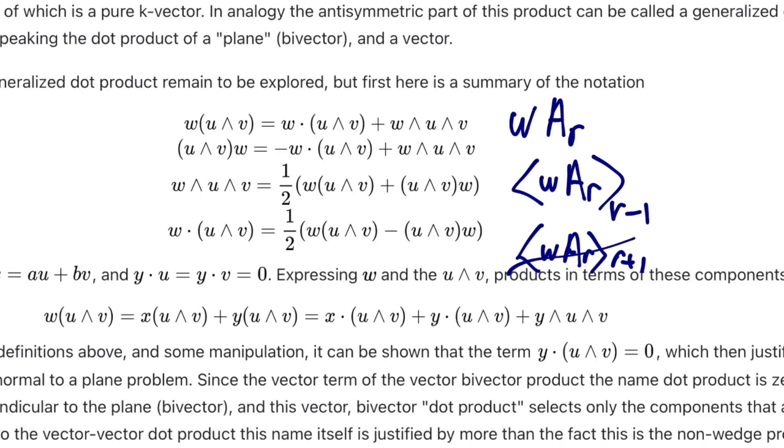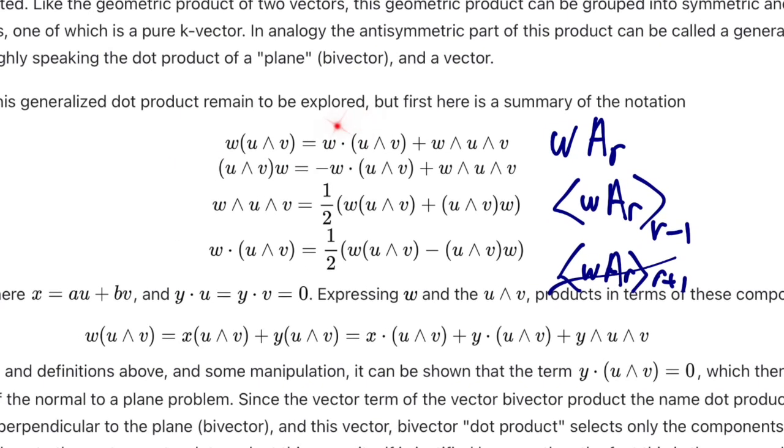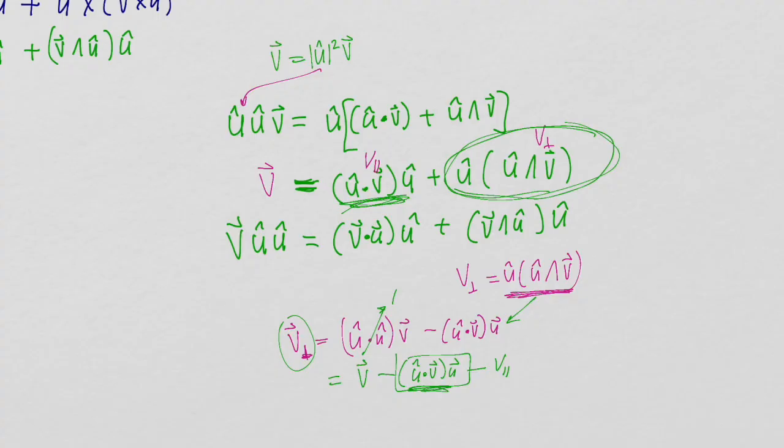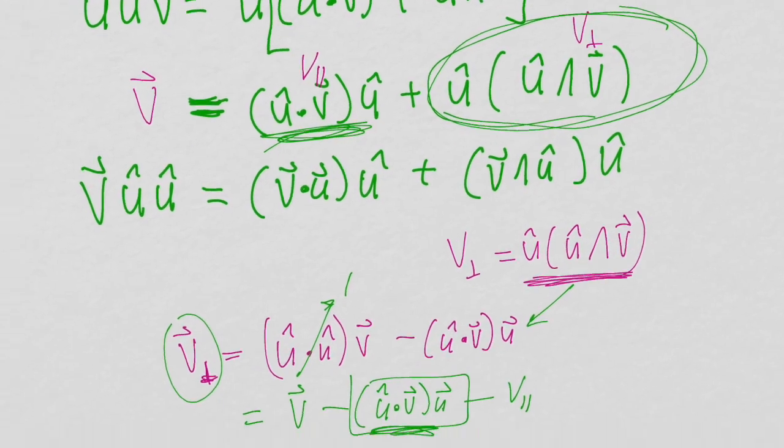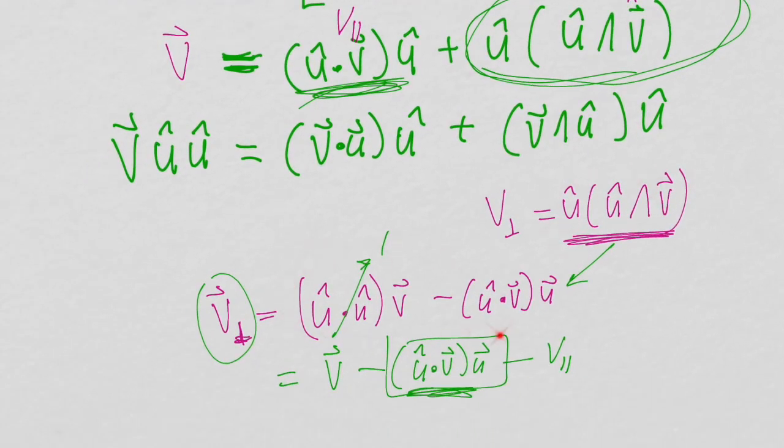So the thing to remember here is that when you have a vector involved, this dot product is always going to represent the contraction part, and the wedge product will always represent the inflation part. And when we did this a moment ago in our calculation of the area of a parallelogram, you may remember we had a vector times a bivector. I wrote it down as only the contraction part, right?